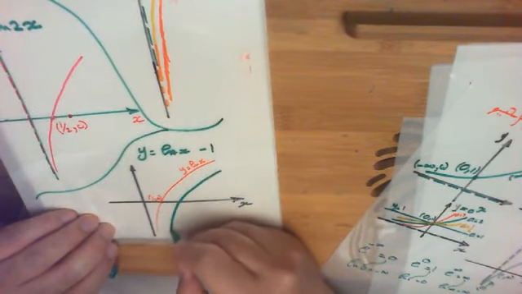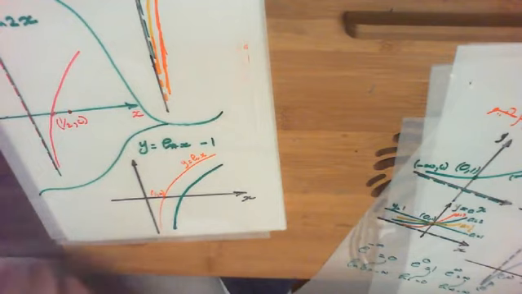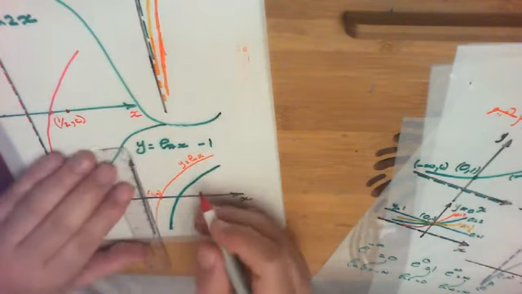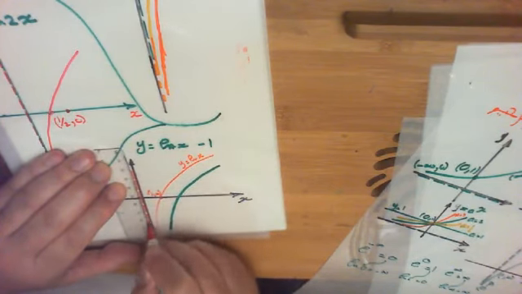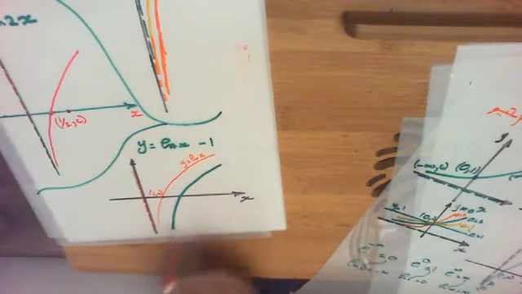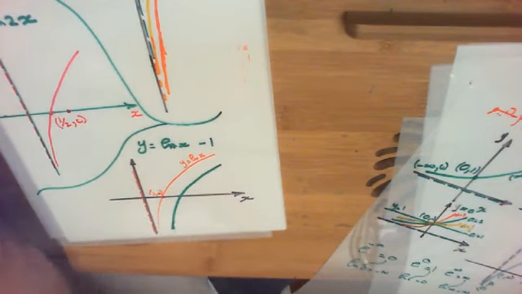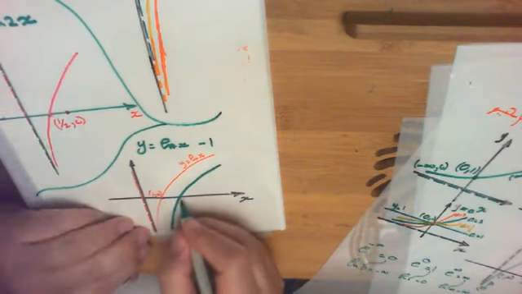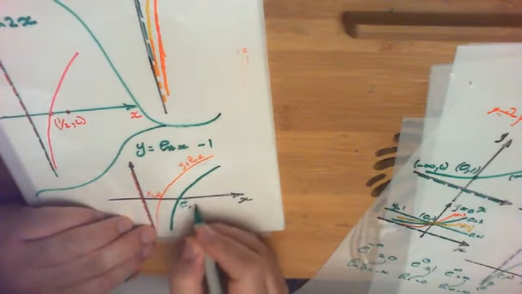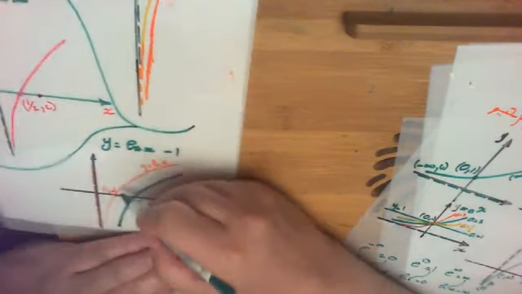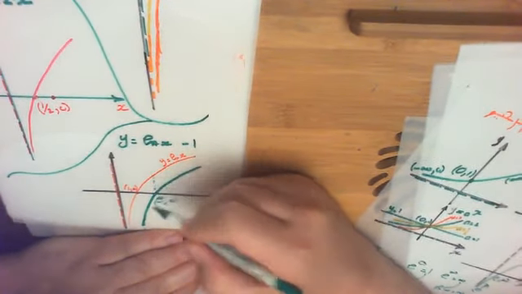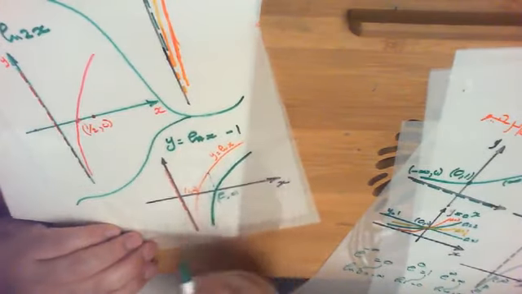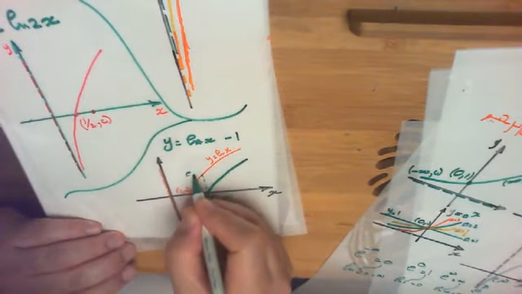But this point, still we have the y-axis a vertical asymptote. This is a vertical asymptote. Now this point is e and 0. If you have a vertical line from this point to here, this point here is e and 1.